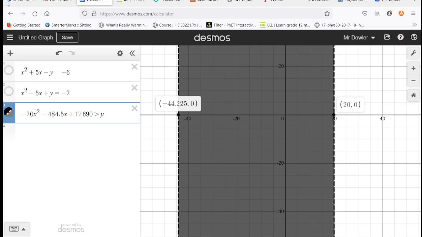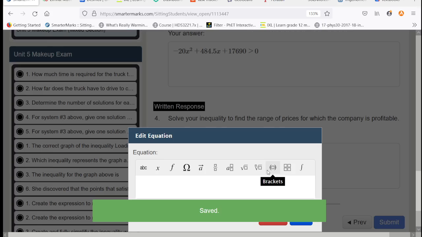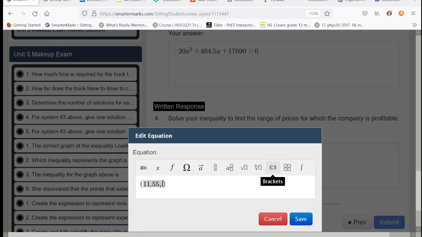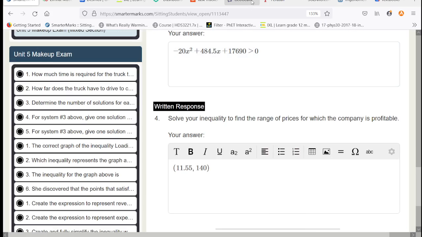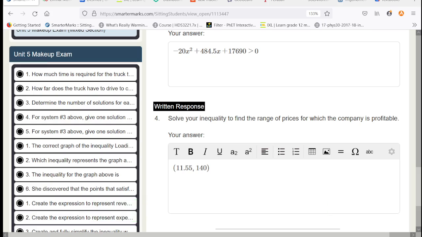Similarly, if we work with these price decreases, then our range is 11.55 to 140. So our x values there are the number of price increases. They are not the actual prices themselves. Okay, so that is an important distinction in this question. We often have to ask ourselves, what was the definition of the variables that we had here?